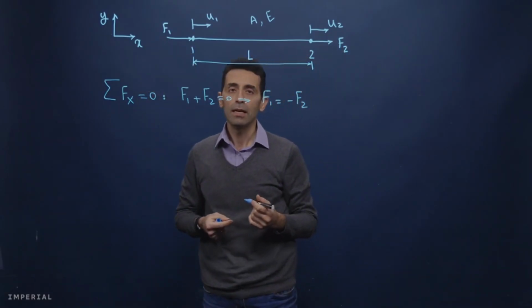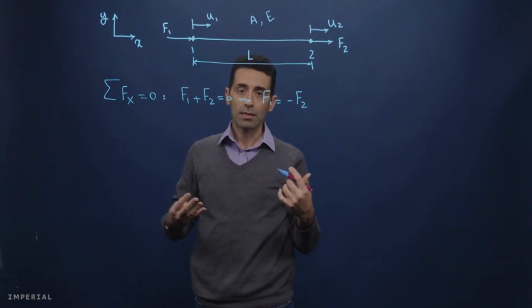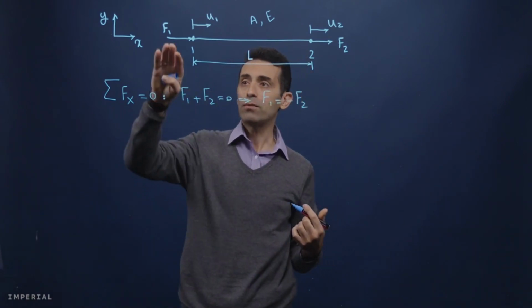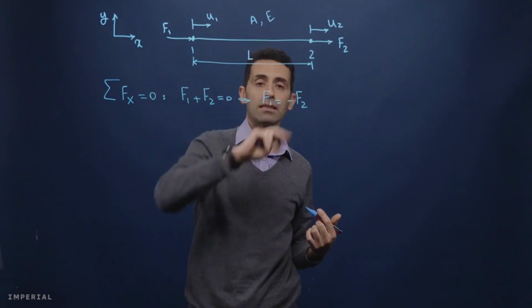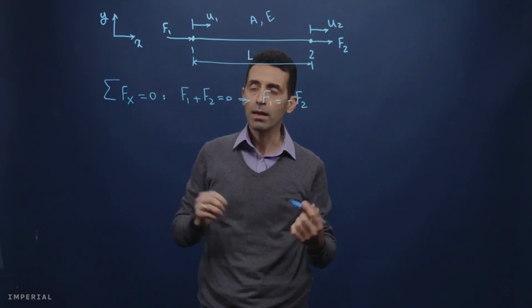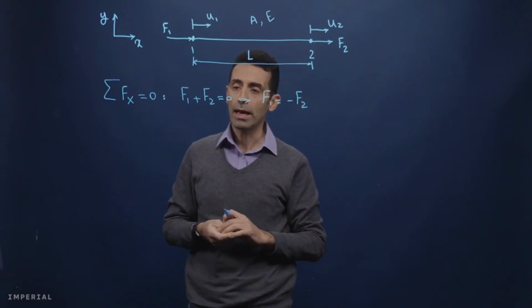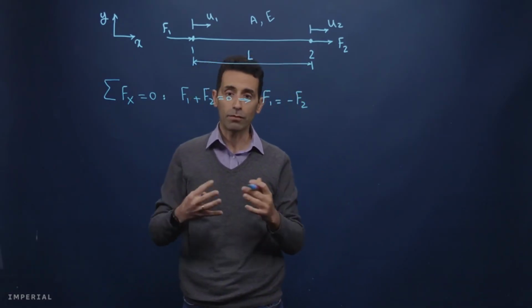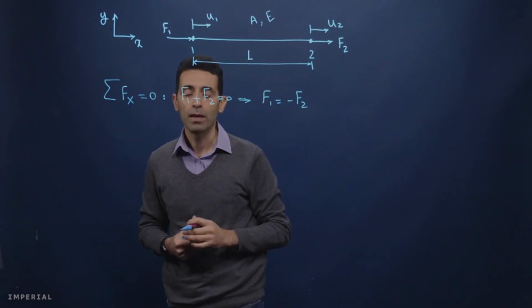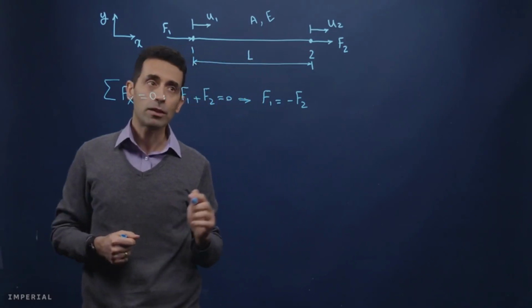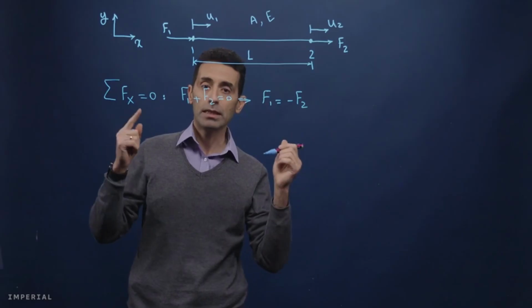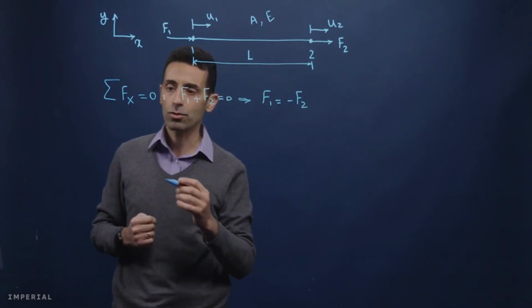All right. What we want to do next is to find a relationship between forces and displacements. In order to do that, we need to use our knowledge of mechanics of materials. So from mechanics of materials, we know that there is a relationship between stress and strain.